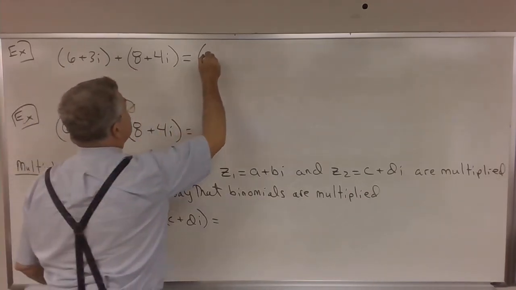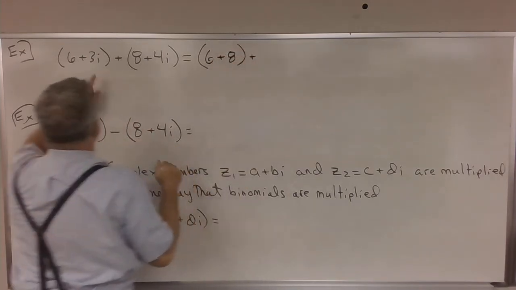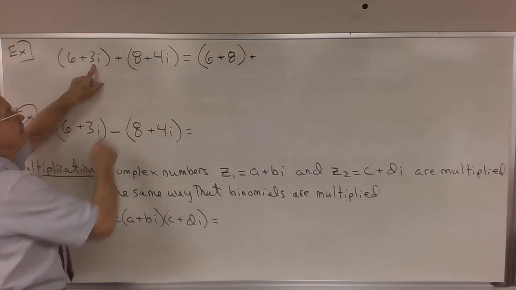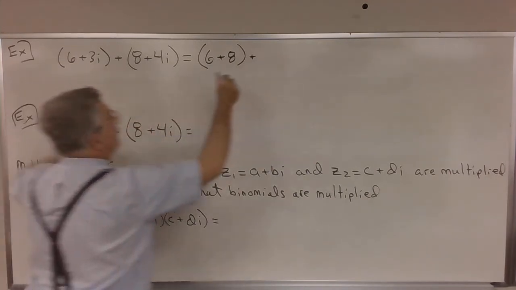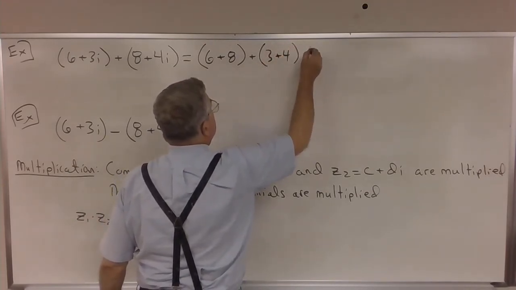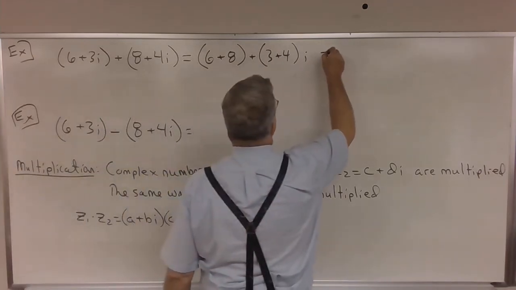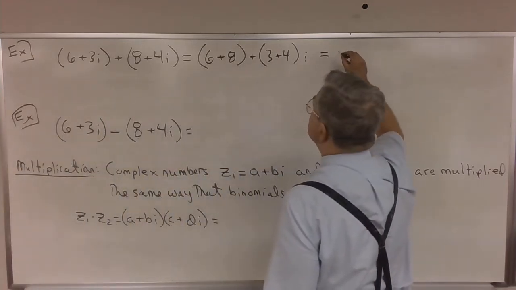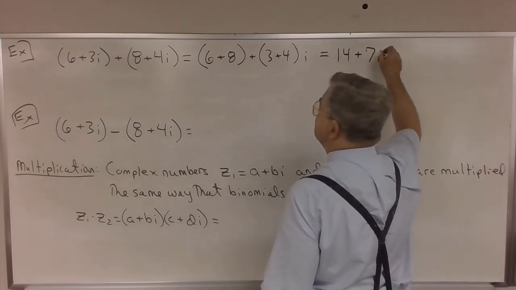So that's 6 plus 8. And the imaginary part of the first plus the imaginary part of the second, 3 plus 4, times i. So we have 14 plus 7i.